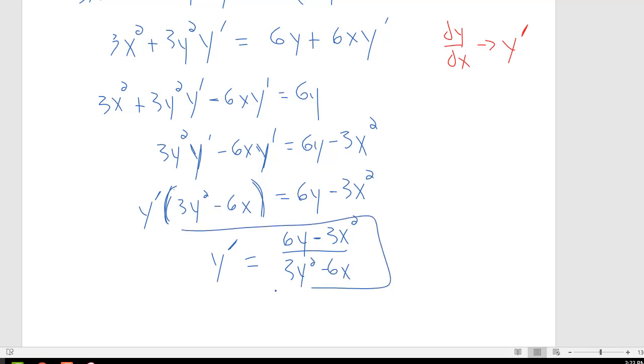And there is kind of my final answer of the derivative of this function that we started with. I'm going to make this 2 a little bit prettier over here. So again, we started with x cubed plus y cubed equals 6xy, and we went through this process that we call implicit differentiation to find y prime. And here is us solving for y prime.